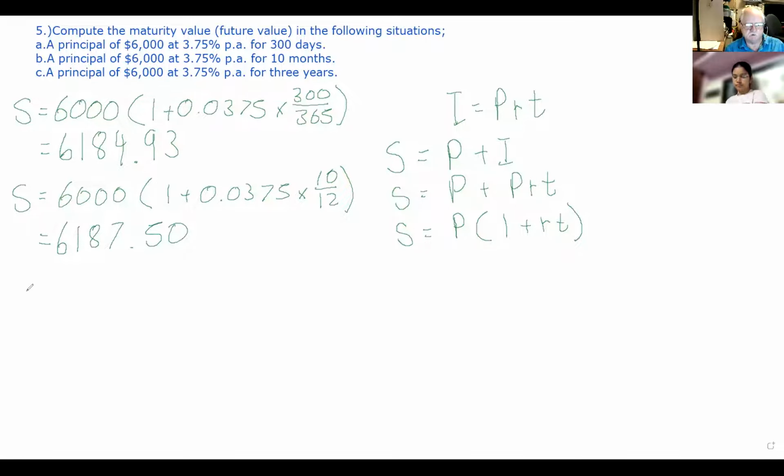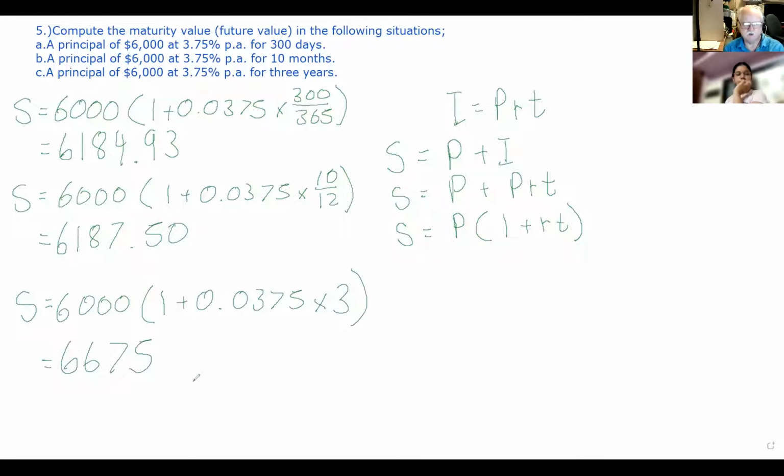And then we got 3 years. So S equals 6,000 times 1 plus 0.0375, but 3 years is just 3. So 3 times 3.75% plus 1 times 6,000, and I'm getting 6,675.